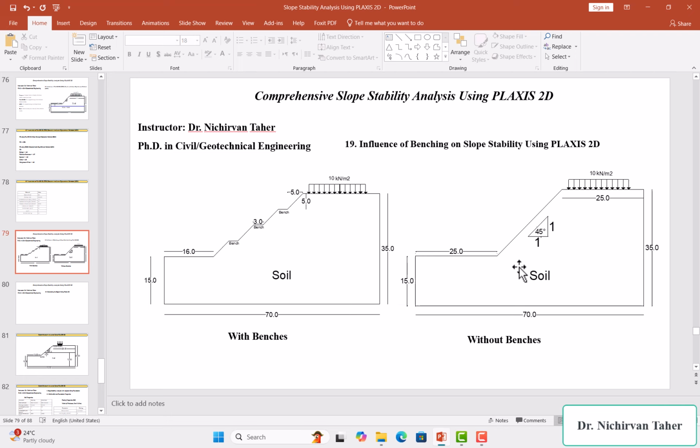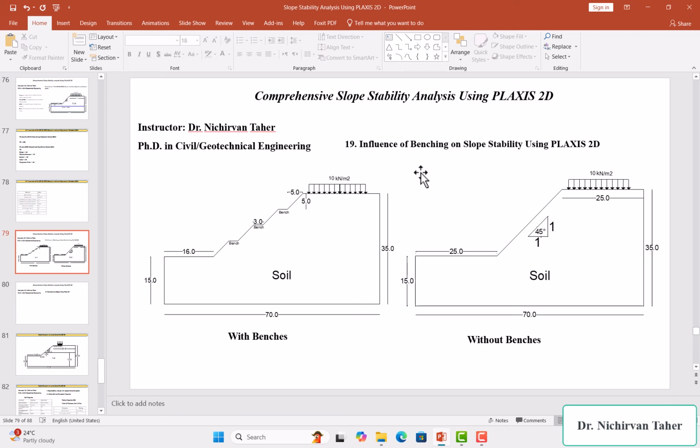For example, as you can see in this example, the height of the slope is 20 meters and the slope is 1:1. In this case, if we analyze, maybe the factor of safety is low, less than 1 or near 1, and maybe it's not acceptable according to most of the guidelines.